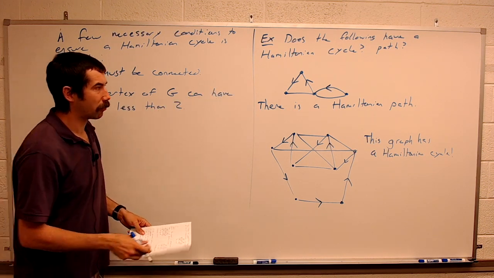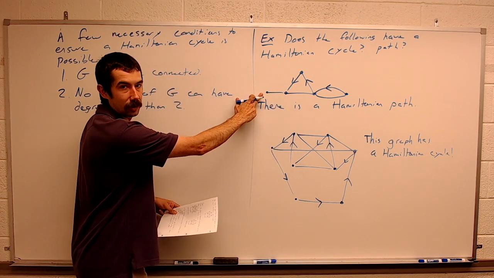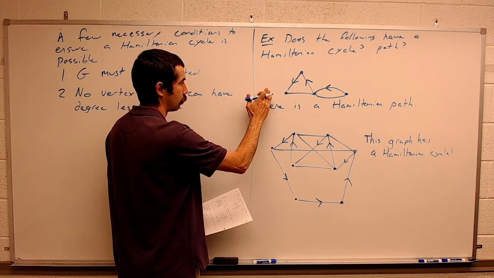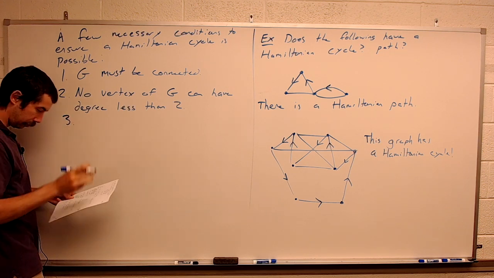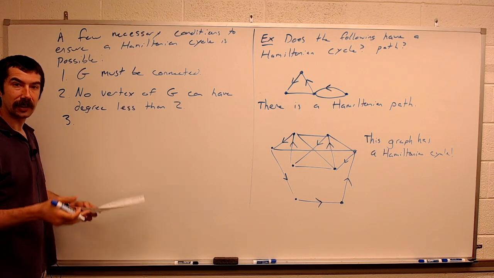All right, so we can't have any degree 1 or degree 0 vertices. There's no degree 1 vertices here, but if we had an extra vertex that's degree 1, we would still not be able to find a cycle. All right, and then the last necessary condition, G cannot have what's called a cut vertex.